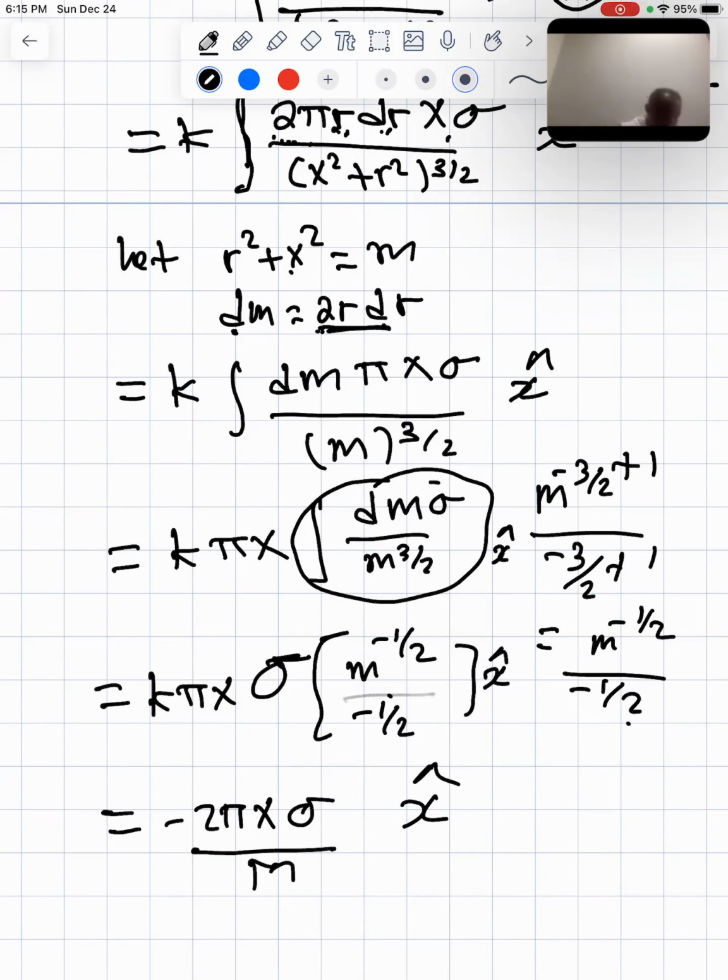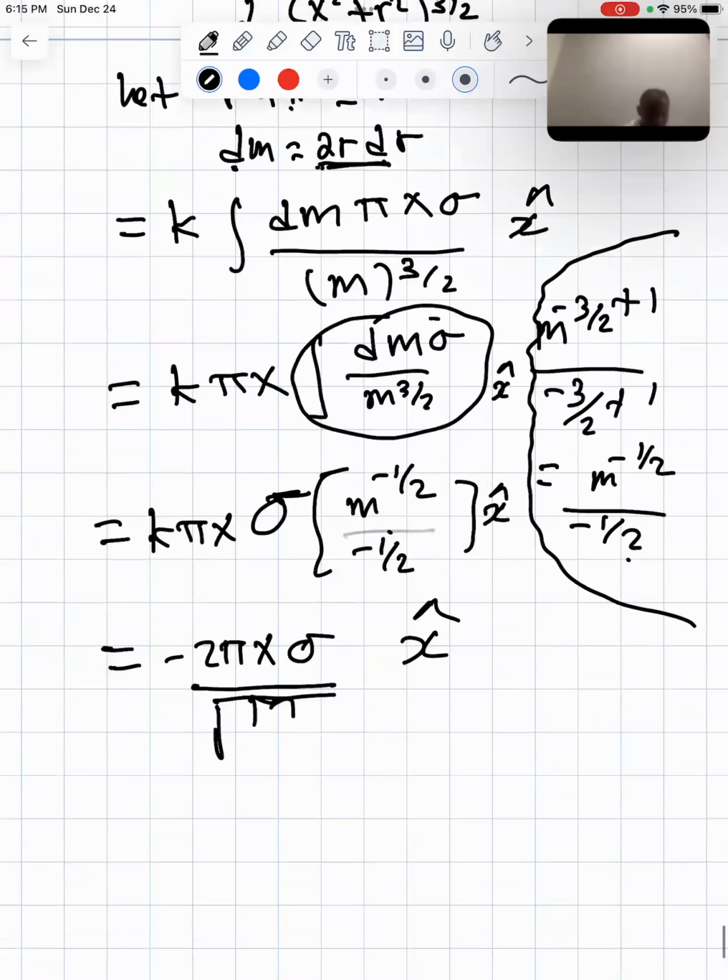And yes, this is just, okay, minus 2 pi x sigma over square root of m, because it is in the x direction. Now plug the value again, minus 2 pi x sigma.